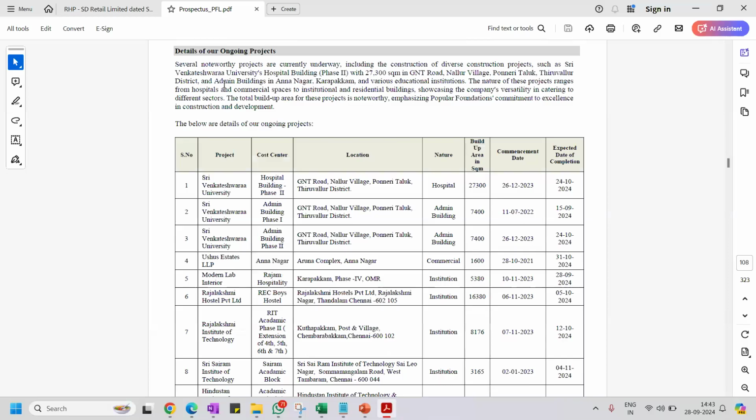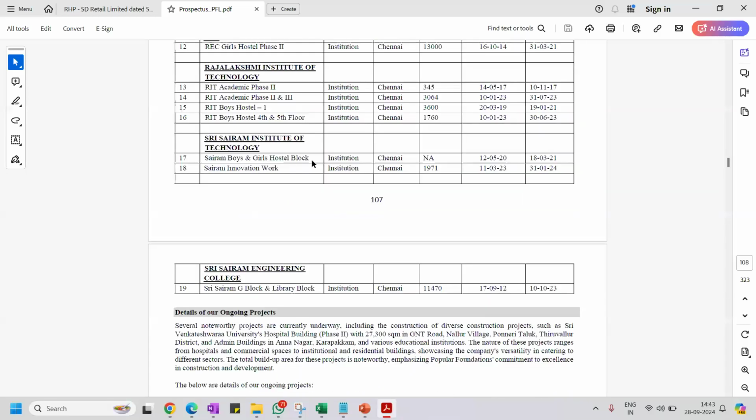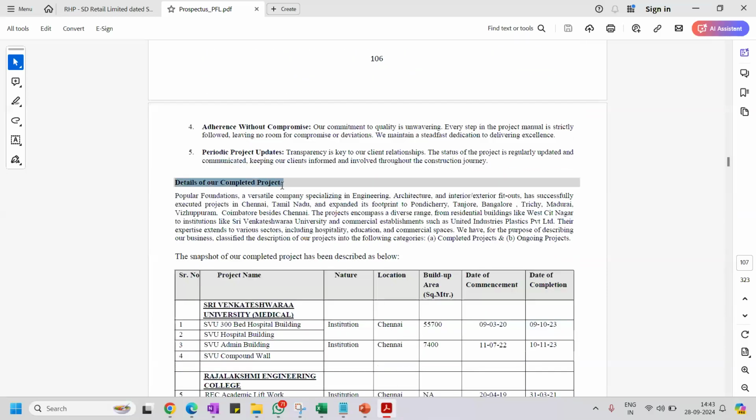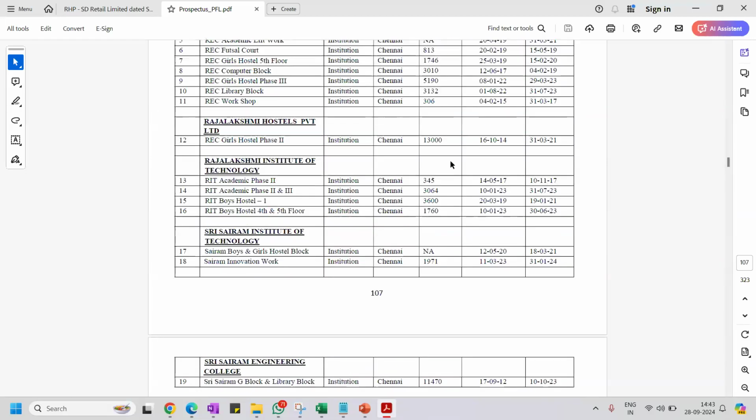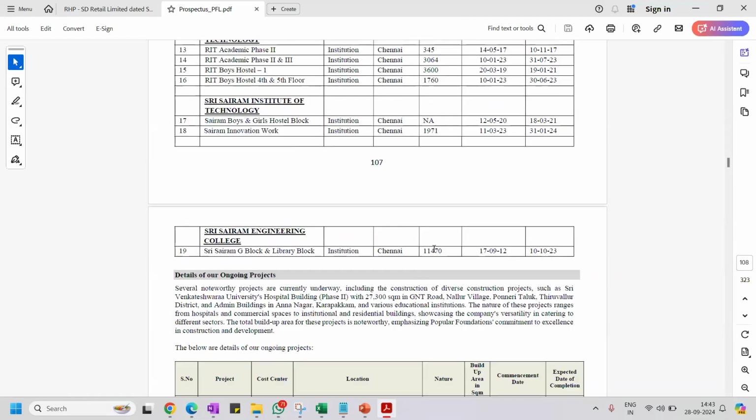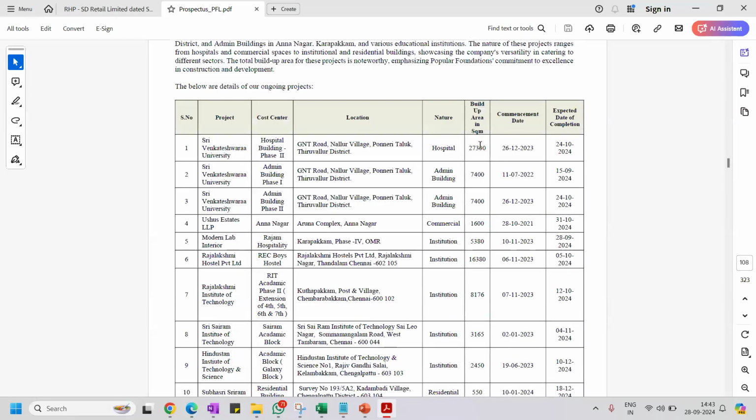You can see over here the details of the ongoing projects and the details of the completed projects. So you can figure out, for an example, the total of all of this is what the company has made over so many years, and this is the open order book which the company has.